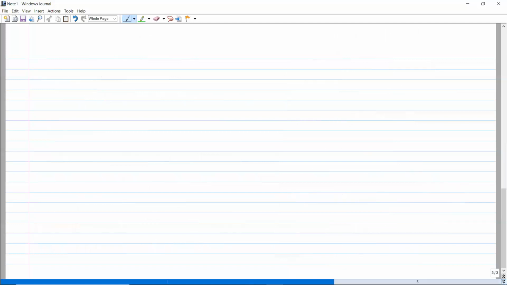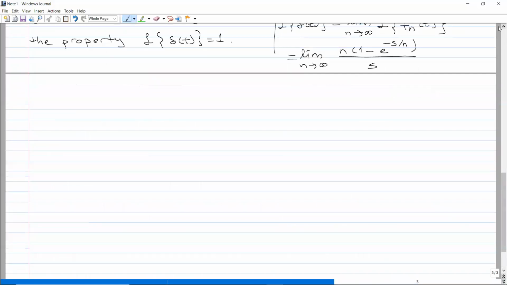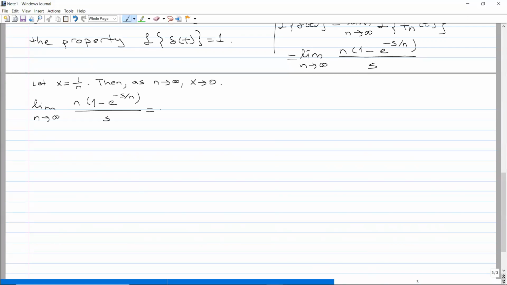Now, how do we take this limit? First, I'm going to make a change of variables. Let x be equal to 1 over n. Then, as n goes to infinity, x goes to 0. So I can write this limit in terms of x.